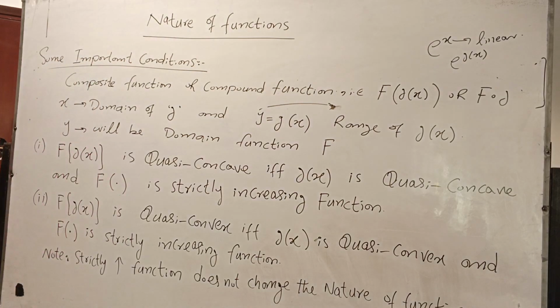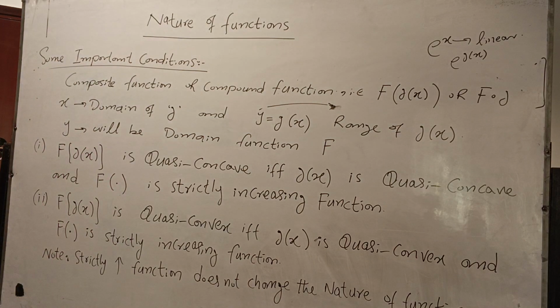Okay. Here are some important things. First of all, f of g(x), which is a kind of composite function, is quasi concave if and only if g(x) is quasi concave, and f is a strictly increasing function.